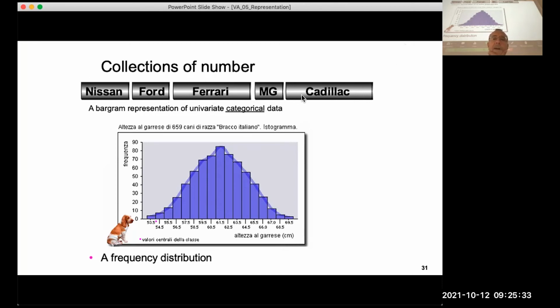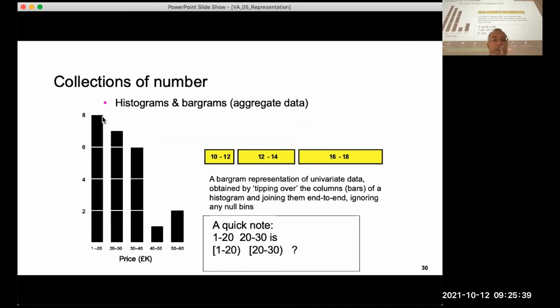What is wrong with the bar with respect to the original idea? Here you have a histogram, you have a bar. What is wrong here? That gives you a confirmation about the ranking of the visualization for encoding numbers.